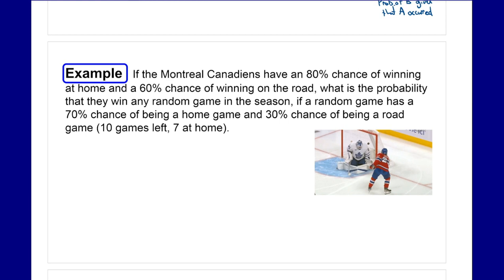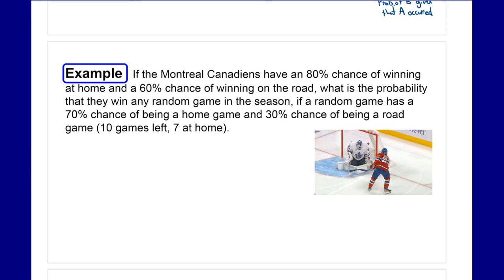What that might look like is 10 games left, 7 at home and 3 on the road. So what is the probability that they win any random game? This one is a little bit complicated because there are 2 scenarios we have to think about.